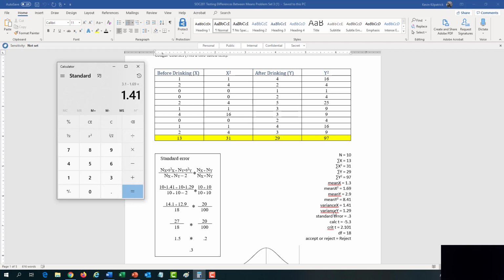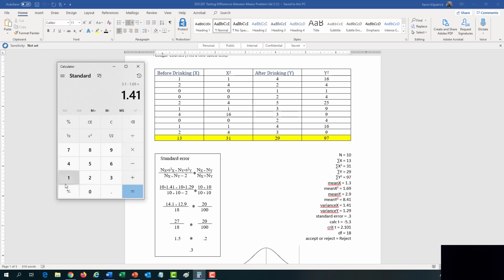Okay, so to get the variance of y, the y column, we're going to do the same thing. Remember the formula. You need the sum of the squared values of y, which is 97, and we're going to divide that by n, which is 10, and get 9.7, and then we're going to subtract the mean squared for the y column, 8.41, and we should get 1.29.